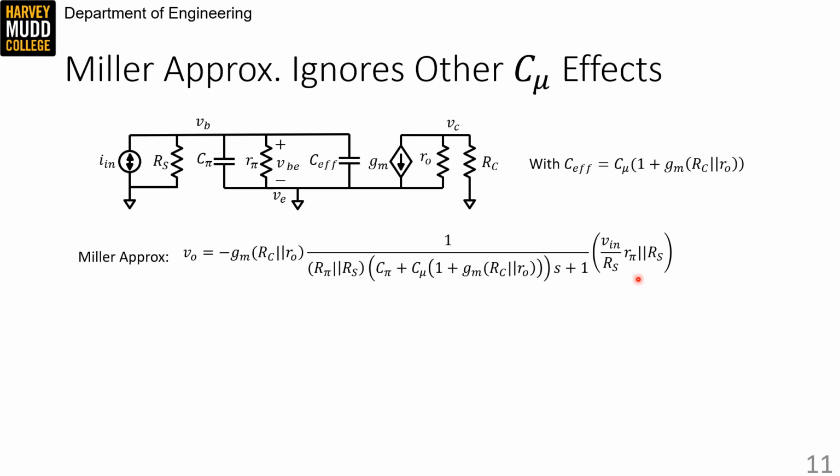So we can estimate the bandwidth pretty easily with this approximation because we're just pretending this is a first order system. So we're going to have one pole and it's going to be located at 1 over this time constant. And pulling that out looks like this. Notice that the Millerized C mu appears pretty prominently in our equation.